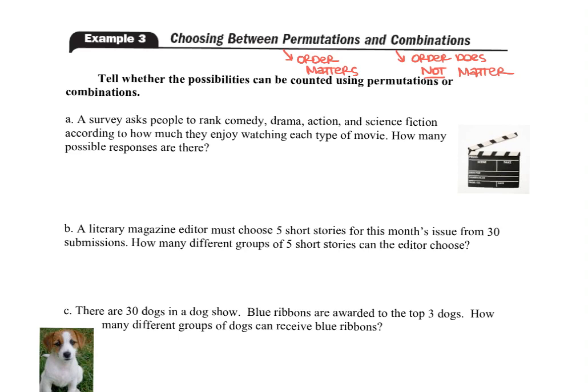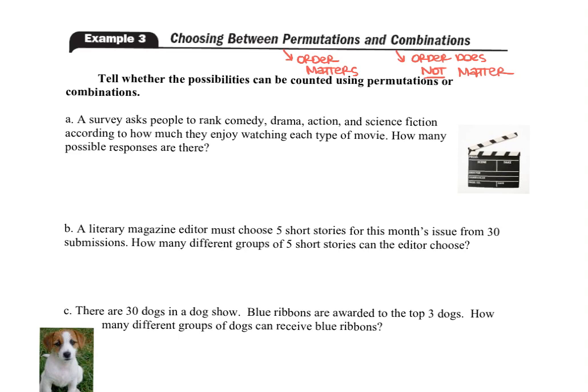So if you played song 1, 2, 3 or 3, 2, 1, that's the same group of songs. The order doesn't matter. And we already talked about the pizza topping one. Okay, so all we're going to focus on today is looking at a problem and telling if it is a permutation or a combination, because that's the first step to solving these problems. Okay, let's dive into some.